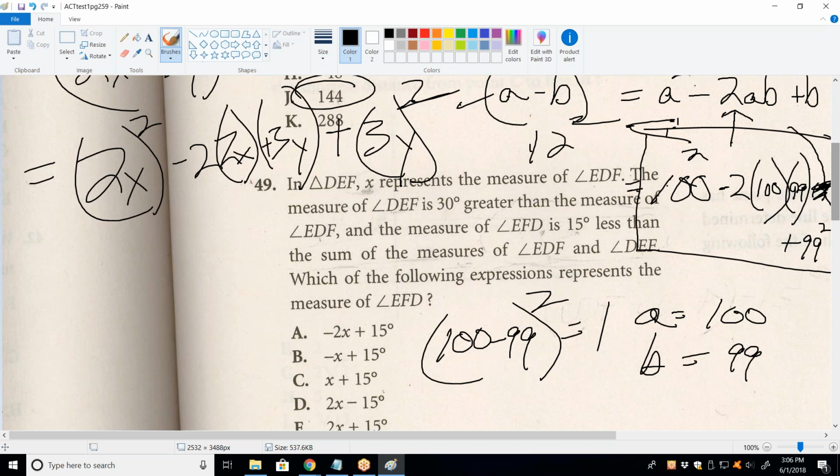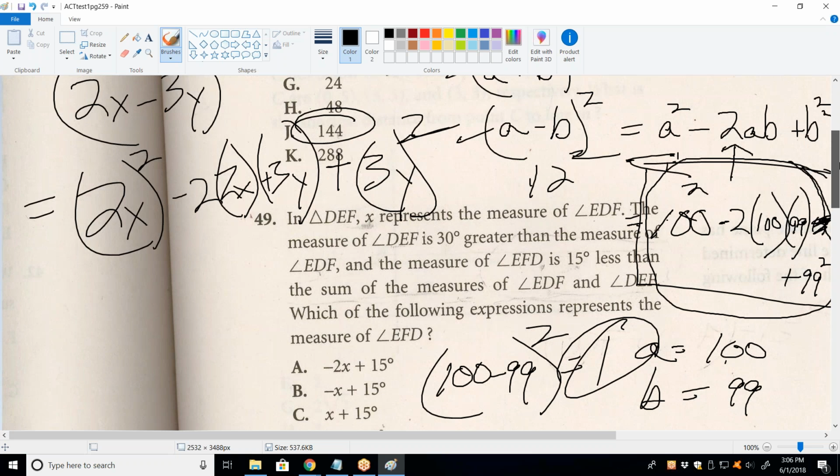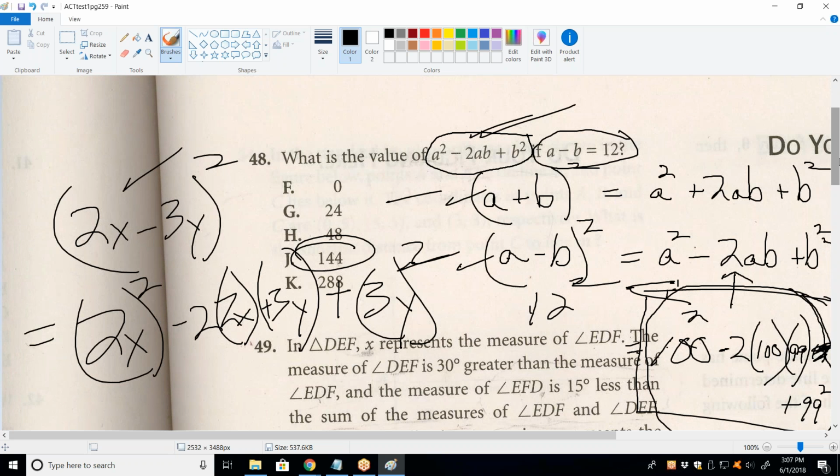I'm seeing A squared minus 2AB plus B squared, and I'm realizing that that is the quantity A minus B quantity squared. So if I can figure out what A is, figure out what B is, A minus B is 1, 1 squared is 1, there's my answer. Utilizing the same exact principle that they're trying to get you to recognize in this problem. The only way I know how to do this problem is to recognize that that is A minus B squared. And you just kind of have to know it.